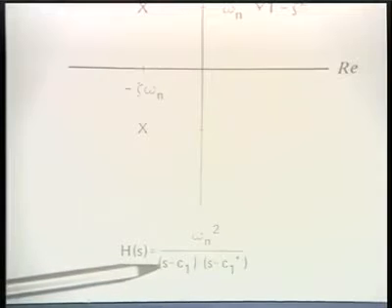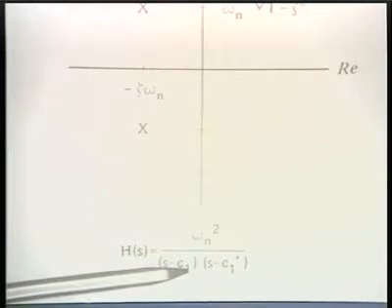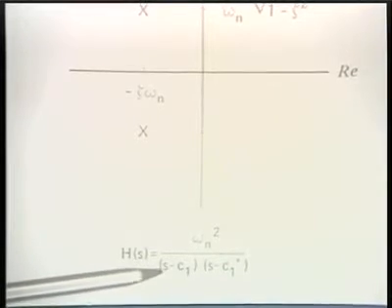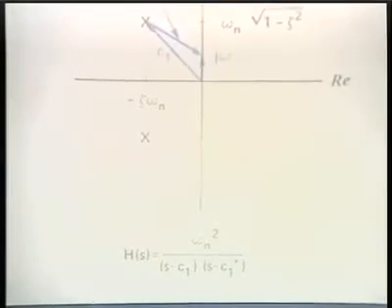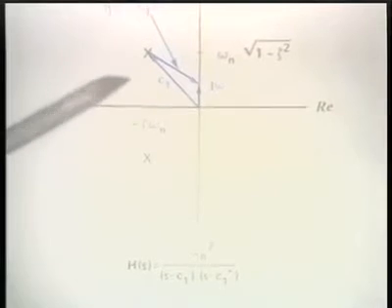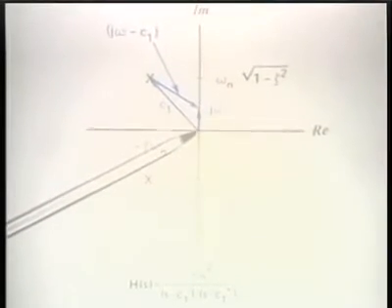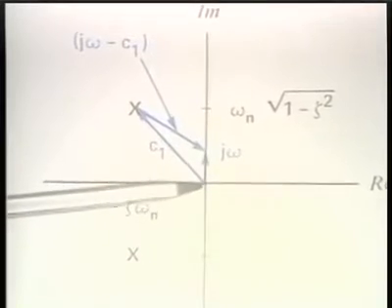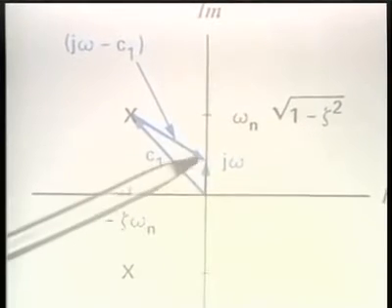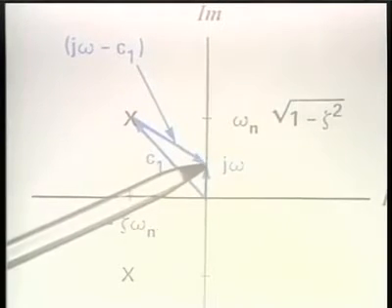So let's look, for example, at the vector s minus c1, where s is on the j omega axis. Here is the vector c1, and here is the vector s, which is j omega, if we're looking, let's say, at this value of frequency.